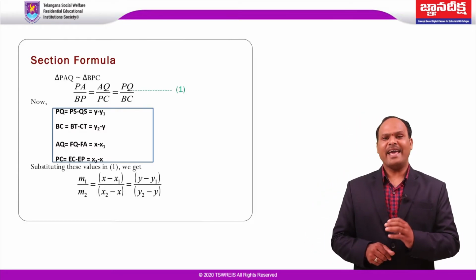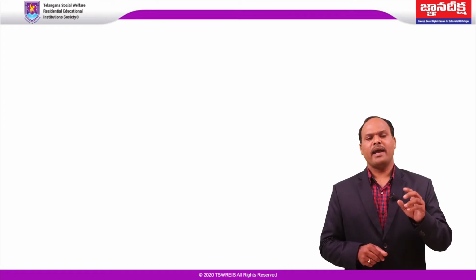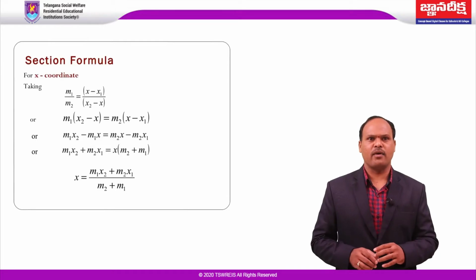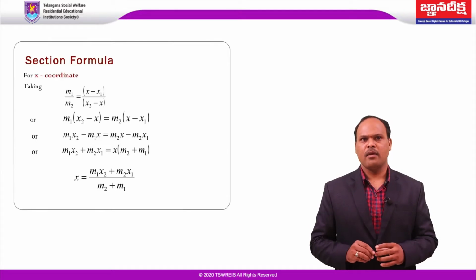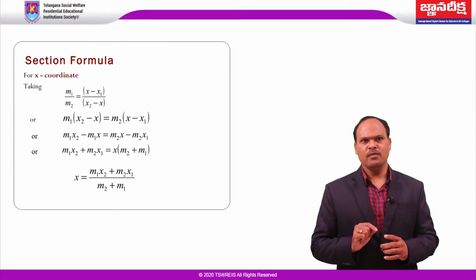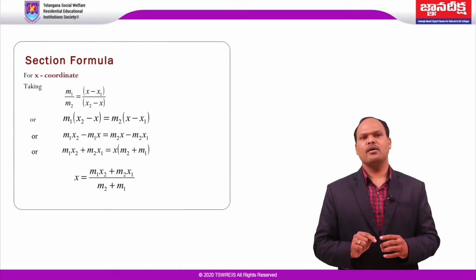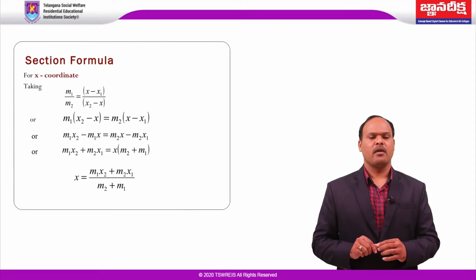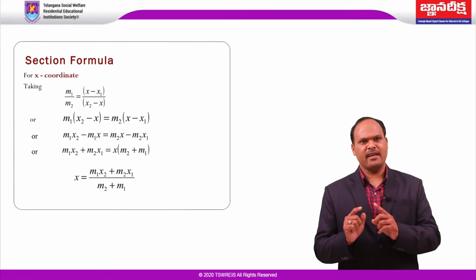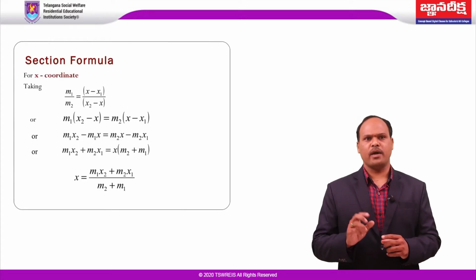Now, we need to find the x coordinate of the point P, that is x. How? By equating m1 by m2 is equal to x minus x1 by x2 minus x. If you do cross multiplication, what happens? m1 into x2 minus x is equal to m2 into x minus x1. After multiplying, m1x2 minus m1x is equal to m2x minus m2x1.